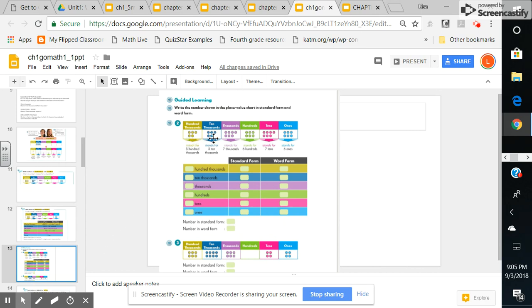Here is another example up here. We see 500,000s, 5 ten thousands, which is really 50,000. We see 7 thousands, 600, 7 tens or 70, and 6 ones. Let's write our number in standard form: 557,676.